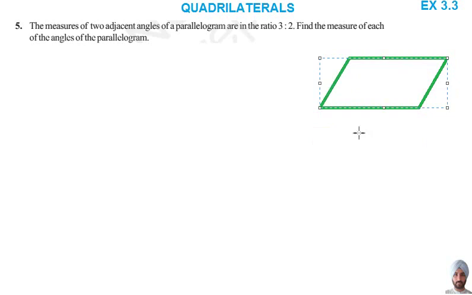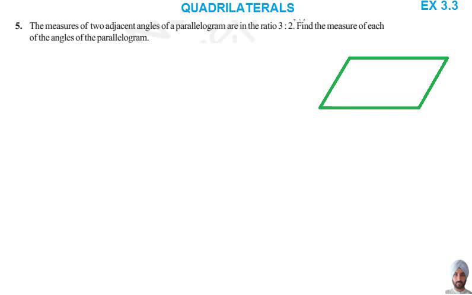Okay, so this is a parallelogram, let's say, and what they have given us is that its adjacent angles are in the ratio 3:2. So we have dealt with many questions relating to ratios in the last chapter. Again here we have a ratio of 3:2.